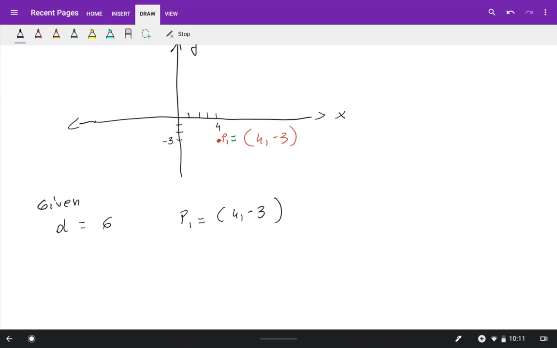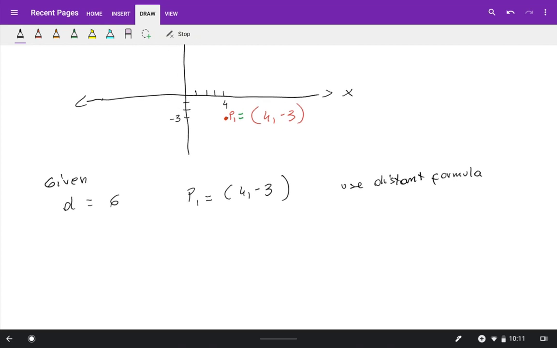Since the distance is given, of course we're going to use the distance formula to find the coordinates of the other point. So the distance formula again: the distance between points P1 and P2.